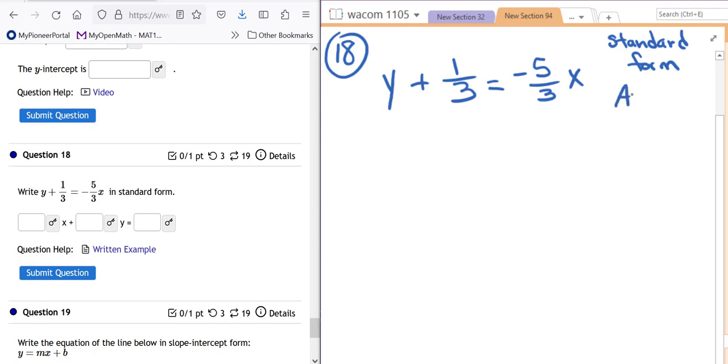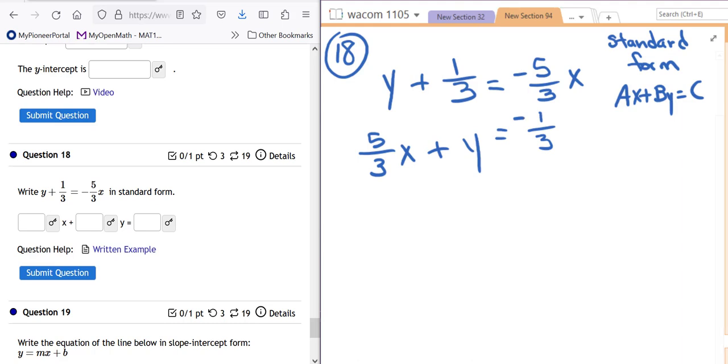So standard form is ax plus by equals c. So I like my x's and y's positive. So I'm going to move that one over here and the constant over there. So I'm going to put 5/3 x. I'm adding it to get it over here. I'm going to keep the y and I'm going to subtract the 1/3. If I subtract it, it's going to be negative. The only other thing you have to do here is clear your fraction.